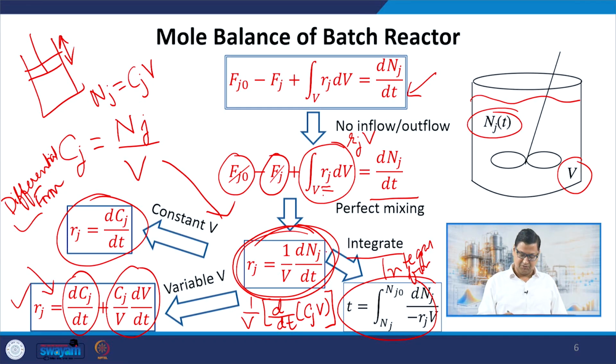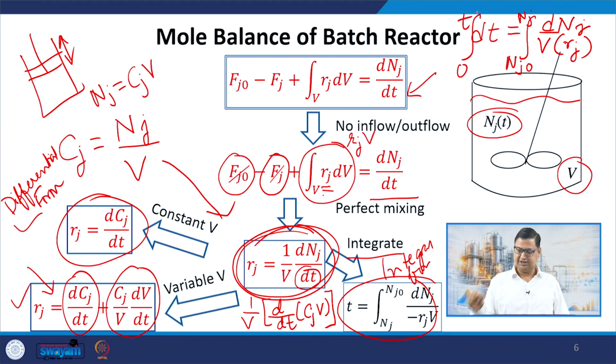So, basically what I am doing is moving this to the left hand side, and we have dt is equal to 1 by V into Rj, and then dNj, and we are integrating from Nj naught to Nj, and this goes from 0 to t.